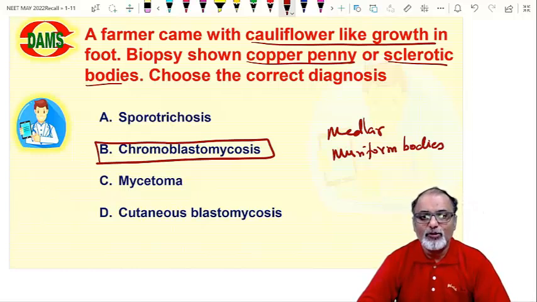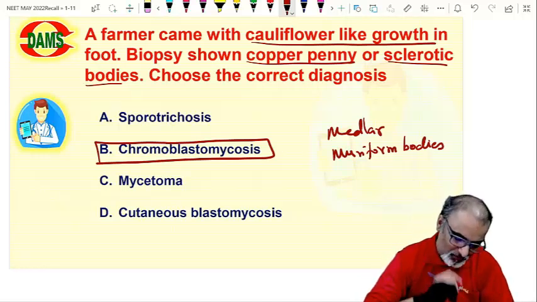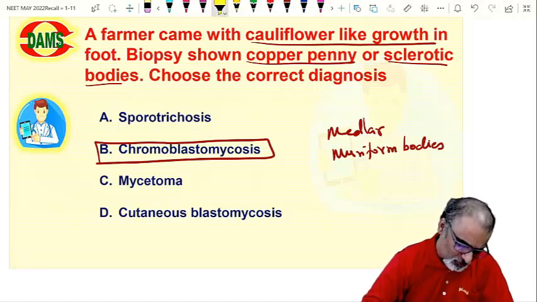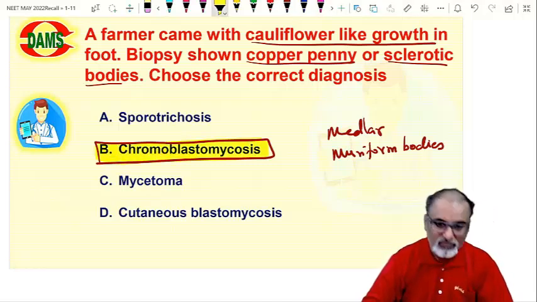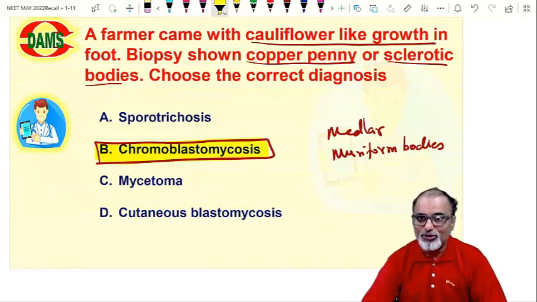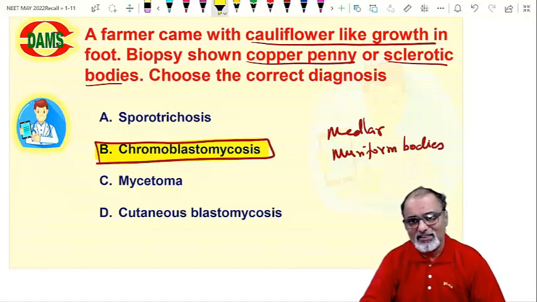It is a subcutaneous fungal infection. So we can go for chromoblastomycosis. Just a direct question. These are all direct questions. You need to spend a few seconds to come to conclusion. Where you see the word copper penny or sclerotic, next minute chromoblastomycosis. What they may ask next, what is the etiological agent? Cladosporium, Phialophora, Acremonium, Fonsecaea, like that they may ask. Or maximum finally they may ask the treatment.